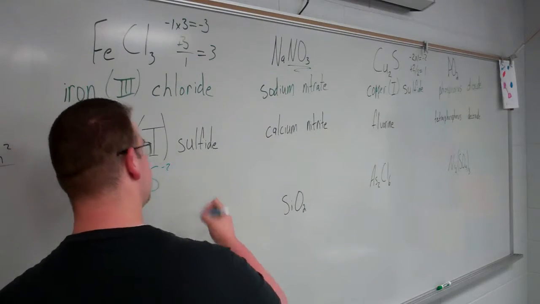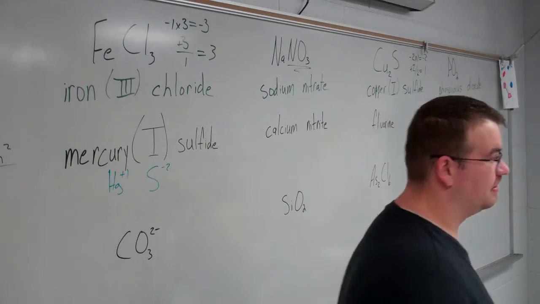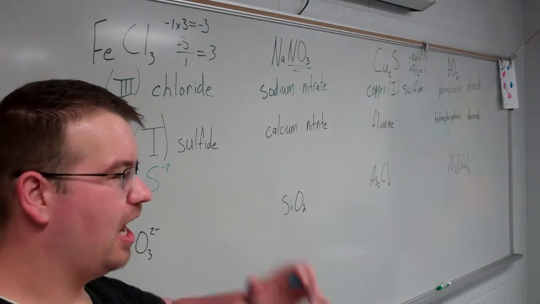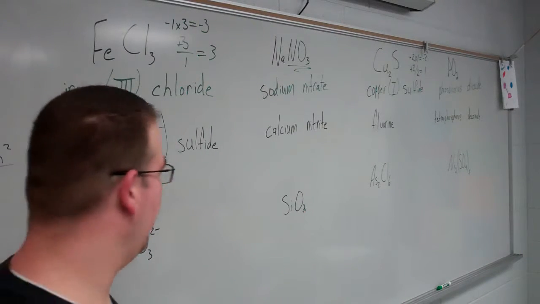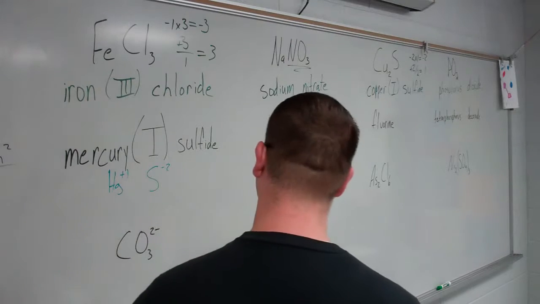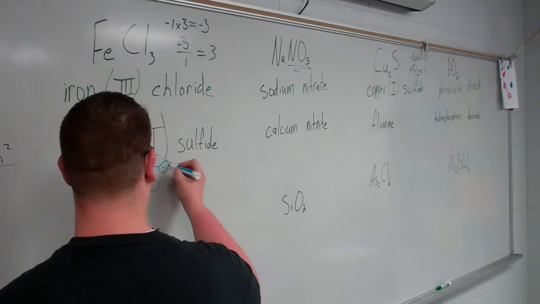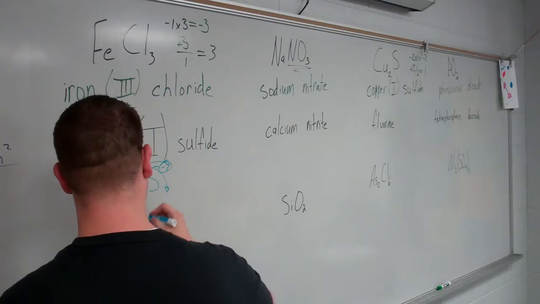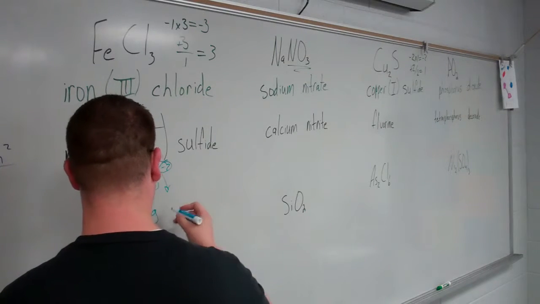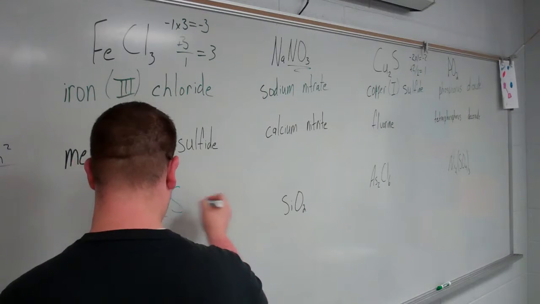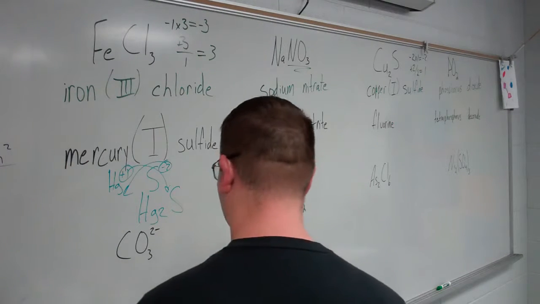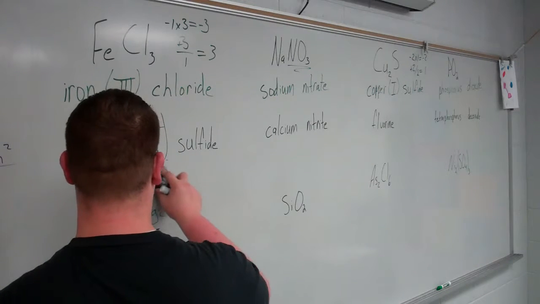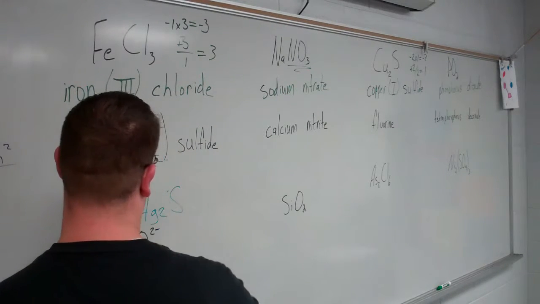How do you know it's a -2? It's in the 16th column, and the 16th column has -2 charge. Okay? Alright, then when we do this, what do we do with it? We cross the charges. So Hg2S. Okay? I'm going to erase this just because it's a mess right there.